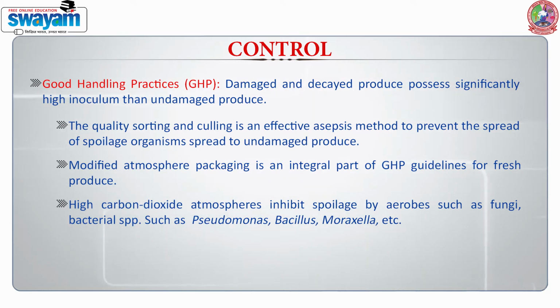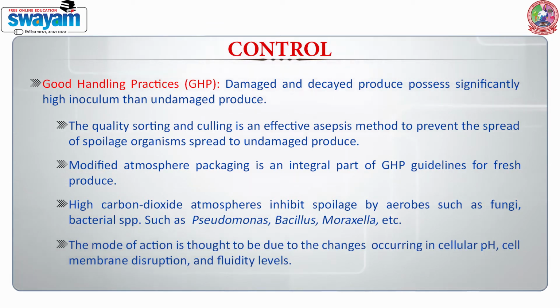Pseudomonas, Bacillus, Moraxella, etc. are also inhibited in the prevalent conditions. The mode of action is thought to be due to changes occurring in the cellular pH, cell membrane disruption and fluidity levels, etc.